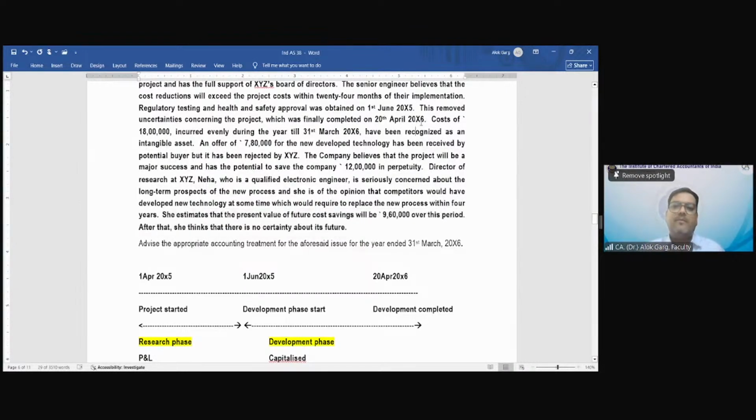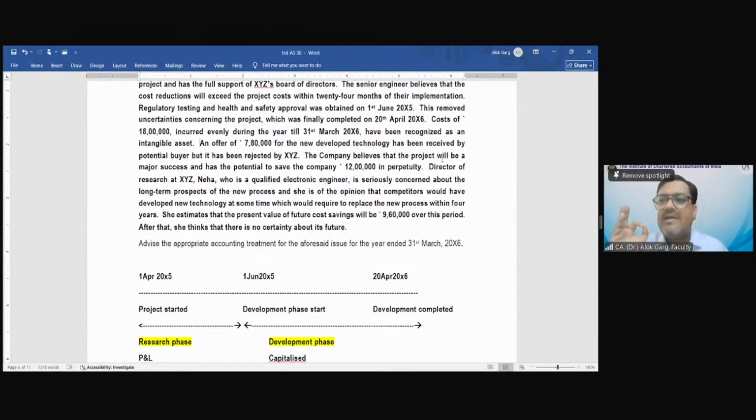See, what is the value of this intangible asset on 31st March 2006? What is the carrying value of the intangible asset? You just told me about the 18 lakh rupees expense, right? 15 lakh. 15 lakh is the actual money spent on the development phase.